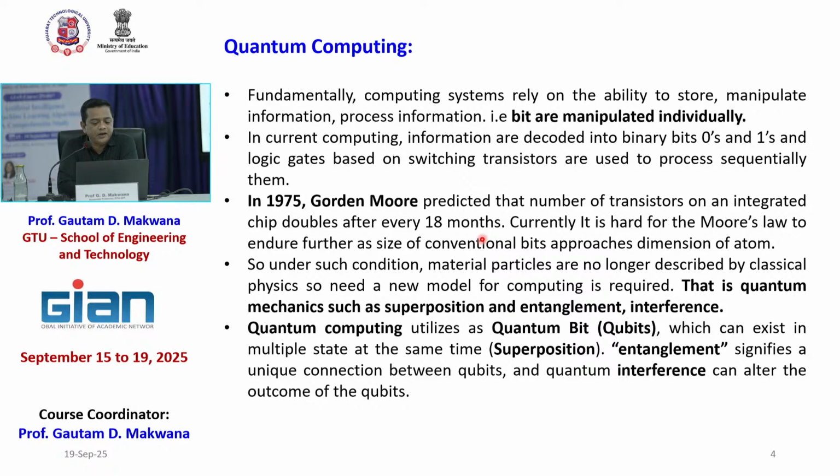Okay, so that is why we require quantum mechanics, and quantum mechanics works on three principles. One is superposition, second is entanglement, and the third is interference. Based on these principles, we have to do the computing.